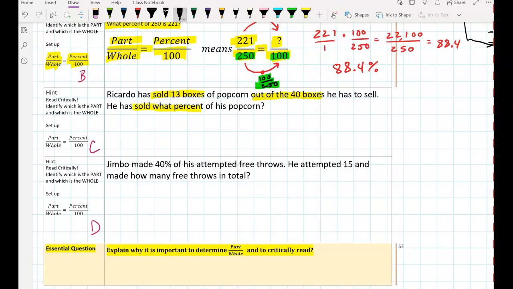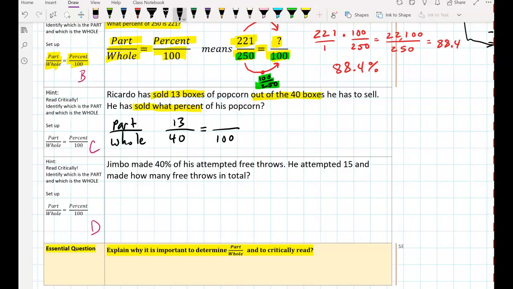Well, we have to make sure that we set this up as the part compared to the whole. What's the part? What's the whole? Well, he had 40 boxes of popcorn, so that's the whole. He sold 13, that's the part. And remember, 100% is always the whole.